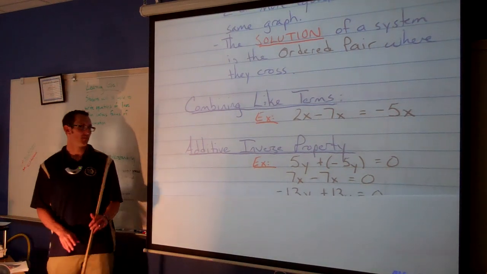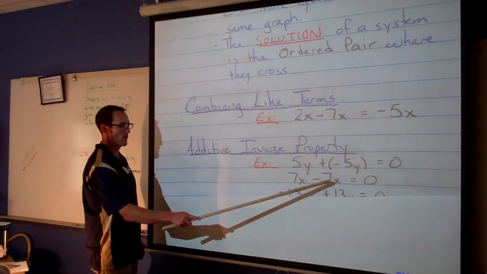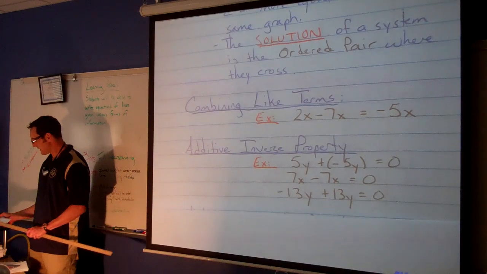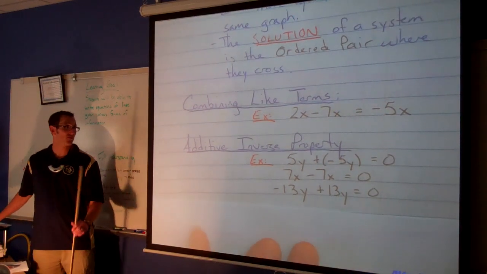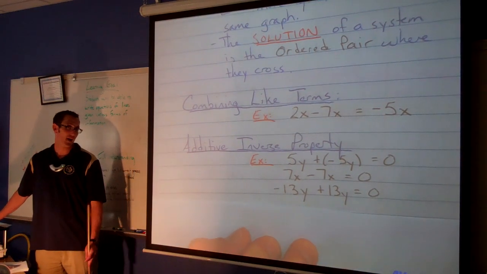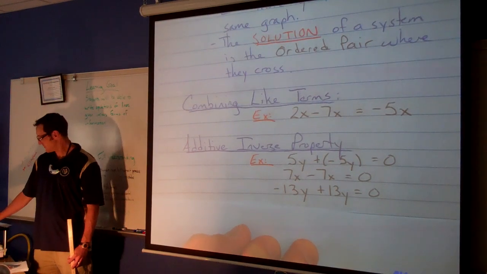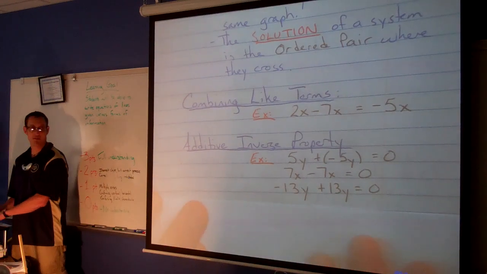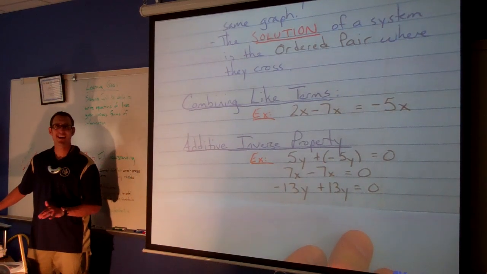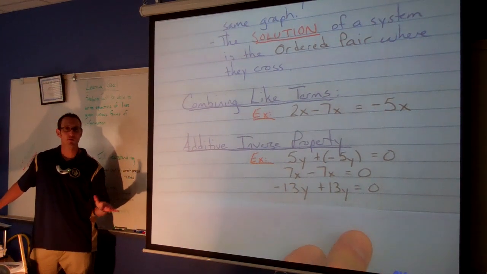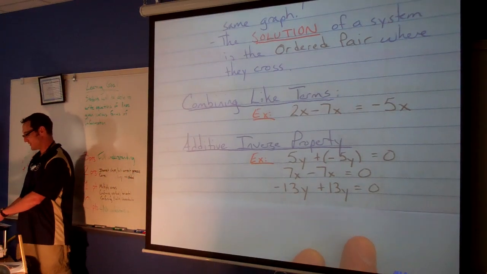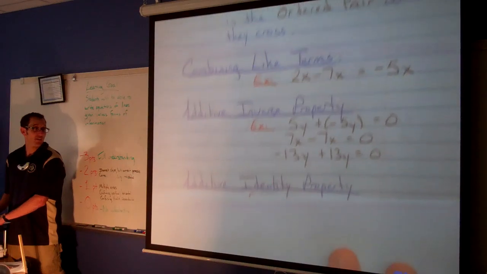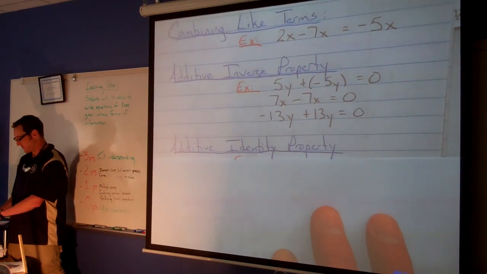Same token, if I had 7x, take away 7x, I get 0. Same token, if I have a negative 13y, I add to it 13y, the opposite, and it equals 0. Doesn't matter what the x is, doesn't matter what the y is, any number, variable, anything plus its opposite is going to equal 0.